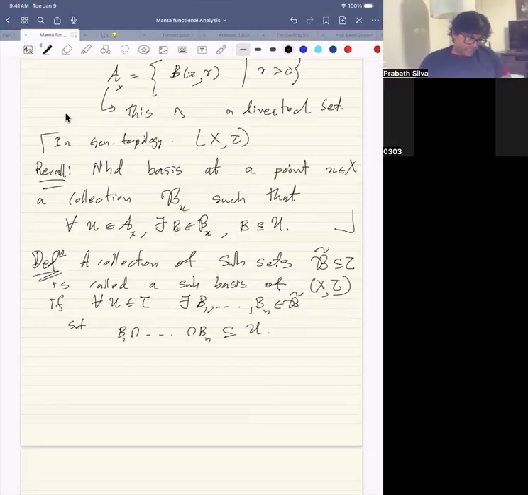If you have open sets and X in U, then you can have a point like this. I think this is the definition for a subbasis.